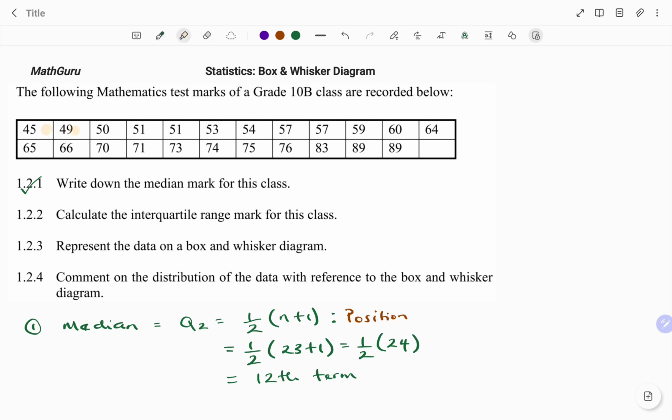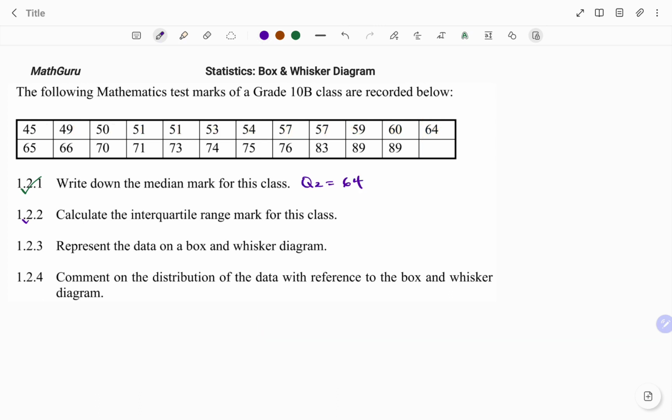That's 1, 2, 3, 4, 5, 6, 7, 8, 9, 10, 11, 12. I can see that the number 64 is the mark in the 12th position. So therefore, my median, or my Q2, is equal to 64.